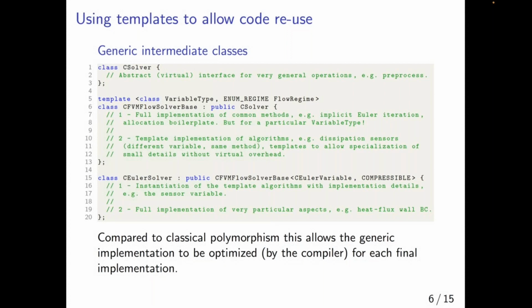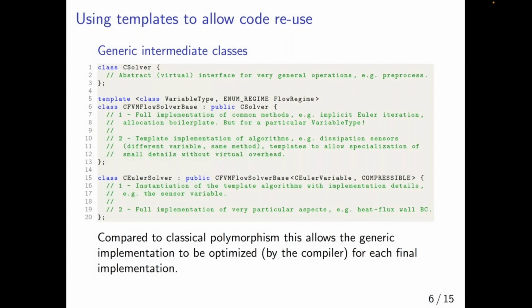Then in the middle, as we go to the Euler solver and the Navier-Stokes solver or the RANS solver, we have some base class for FVM flow solvers, right? And so what this allows is that here you can have an implementation of common methods. So there's a lot of things in common between computing, for example, the time step for the Euler solver and the Navier-Stokes solver.